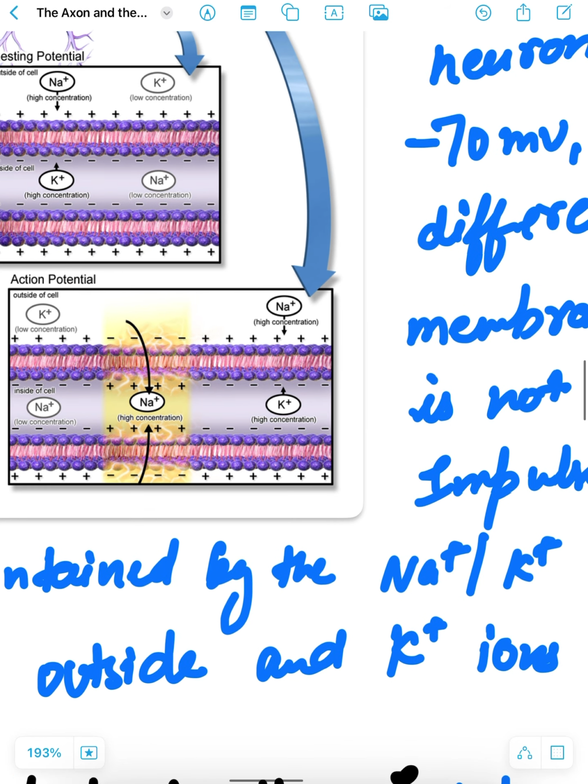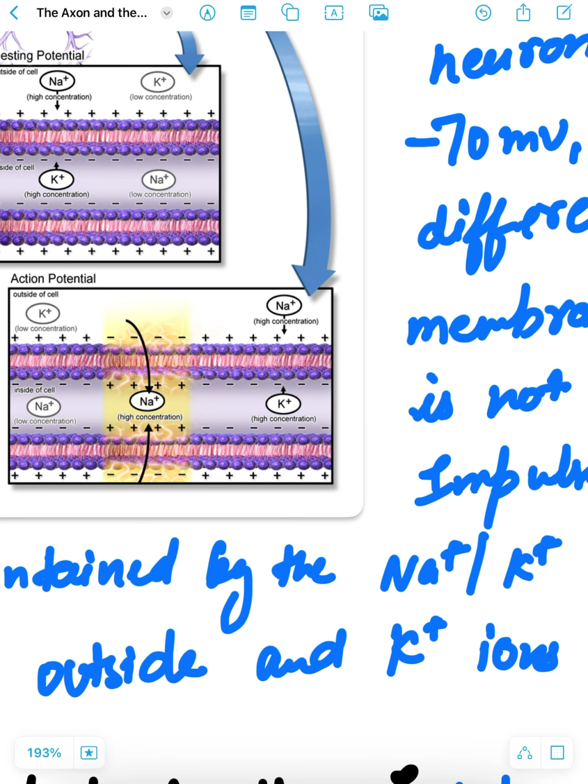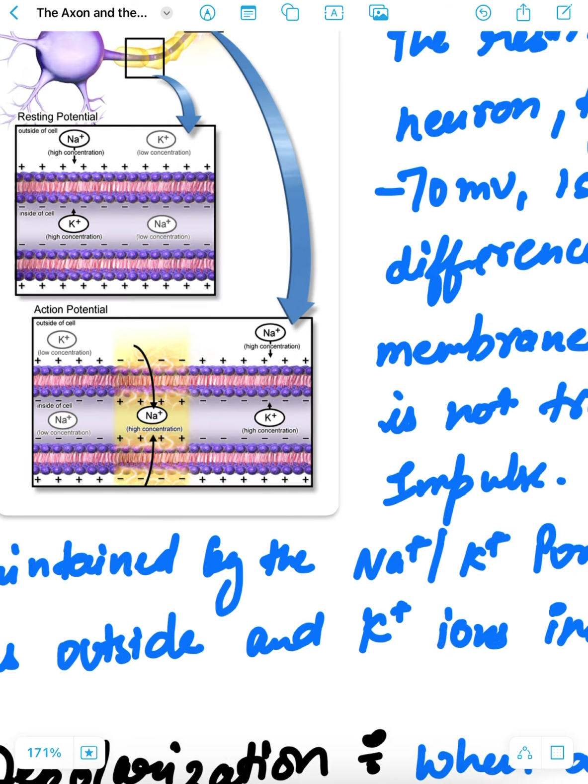And if you talk about the action potential, outside the cell the potassium level is low and the sodium concentration is very high. In the action potential, inside the cell, there is a low concentration of sodium, and in the middle of the burst of the axon there is a high concentration of sodium and of potassium.